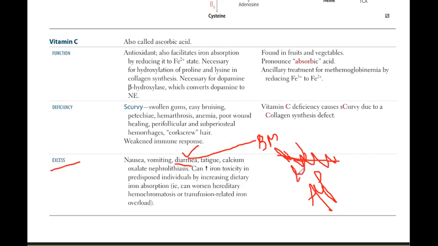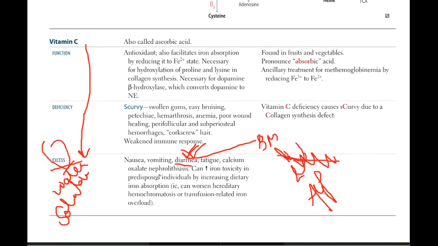Your protein is lost in big quantities because your basement membrane does not allow the large protein molecules to get excreted in your urine. But when you take vitamin C in excess, because it is a water soluble vitamin, it needs water to absorb. So large quantities of vitamin C can lead to diarrhea. Okay, in diarrhea, we have more water content. That is why excess use of vitamin C can cause diarrhea.